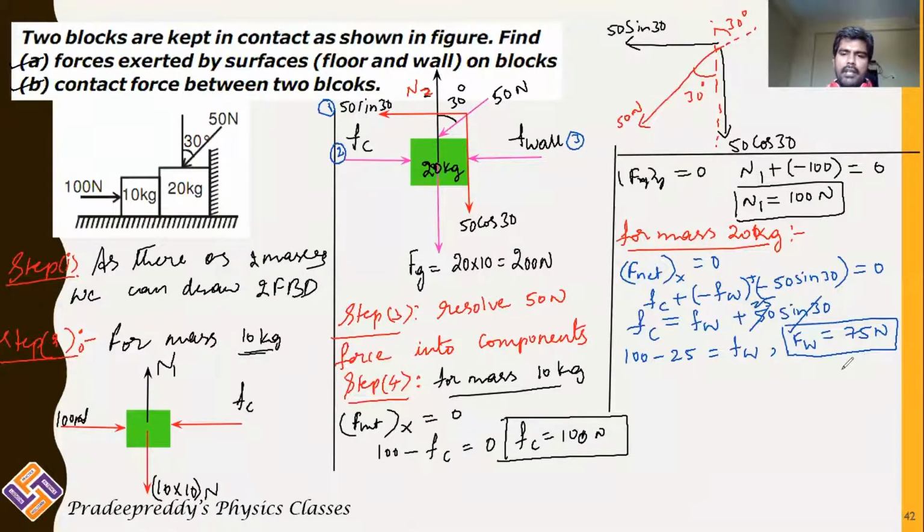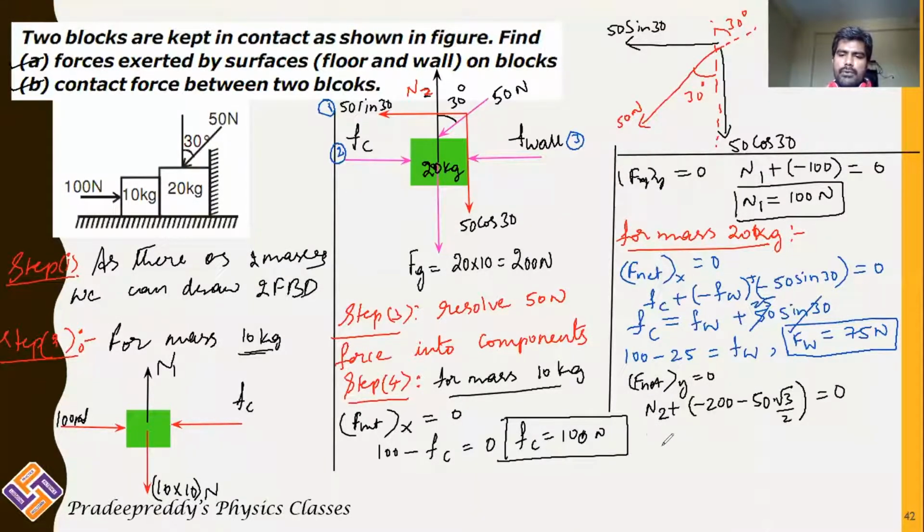Next, F net along y-axis is equal to 0. Along y-axis there are three forces acting. Those three forces acting along y direction are normal reaction N2, downward gravitational force, and this 50 cos 30 is the other force. Upward force, take it as positive. Normal reaction N2 plus. Remaining two forces are acting in downward direction, that is minus 200 minus 50 into cos 30, it is root 3 by 2, is equal to 0.